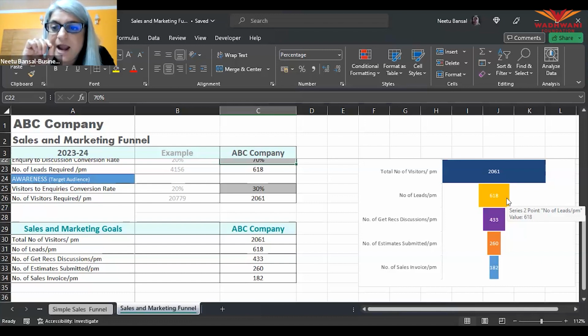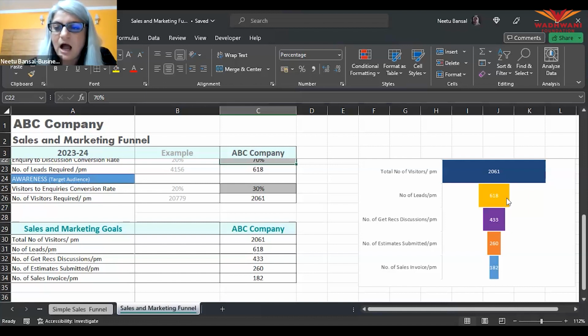If you say that I don't have the budget to reach out to 2,000 people every month, you know that your marketing budget is not in line with your revenue targets or your conversion ratios. So you need to go back and play around.